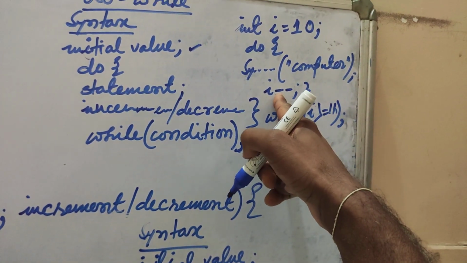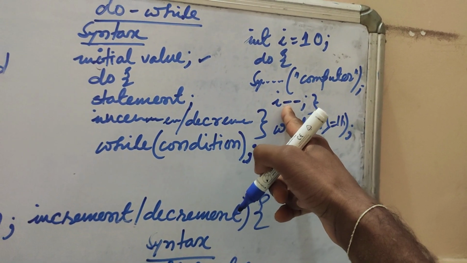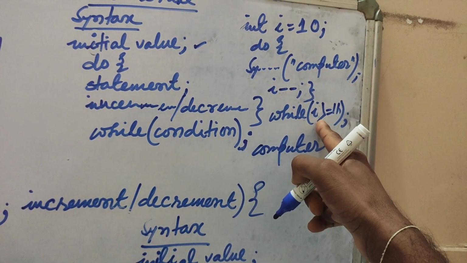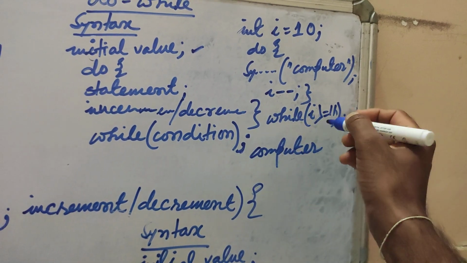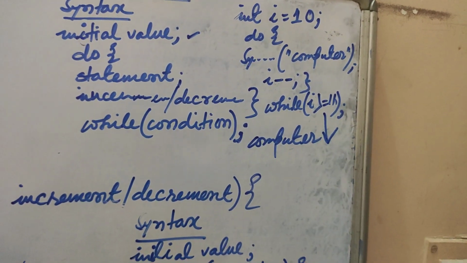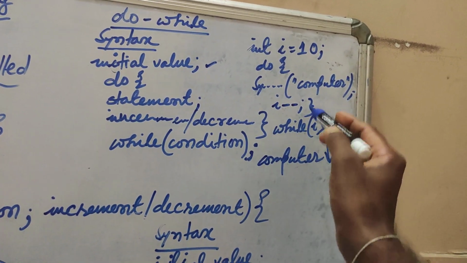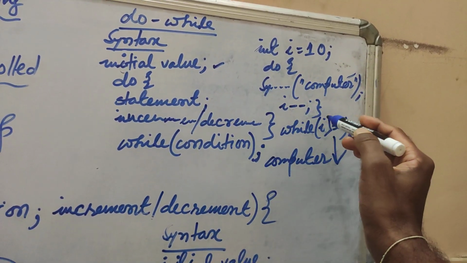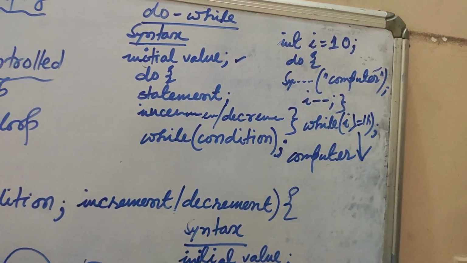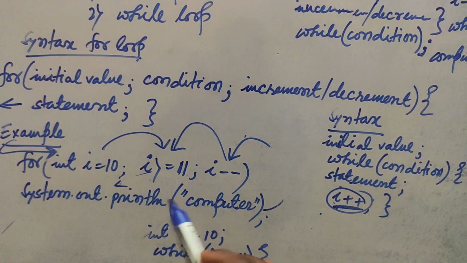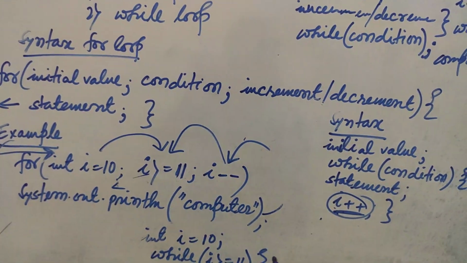Then i minus minus gives 9, 9 greater than equal to 11, false, outside of the loop. So what I said, if the condition is false, the body of the loop executes once. This is the difference.